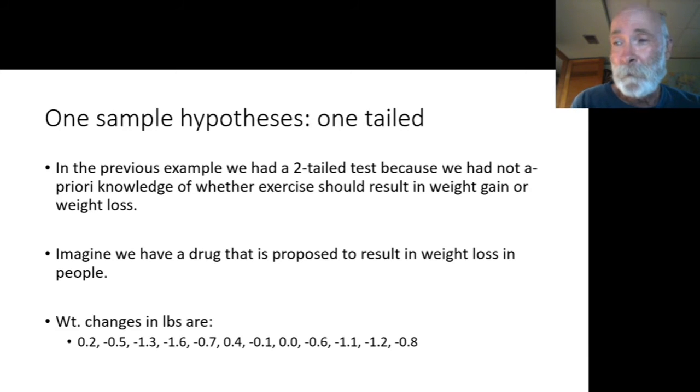Now we've developed a drug perhaps, and we hypothesize that the drug is going to result in weight loss in humans. We get 12 human beings and we administer the drug to them, and then we record their weight change after a certain period of time. And the values are given here, 0.2 pounds, minus 0.5 pounds, and so on.